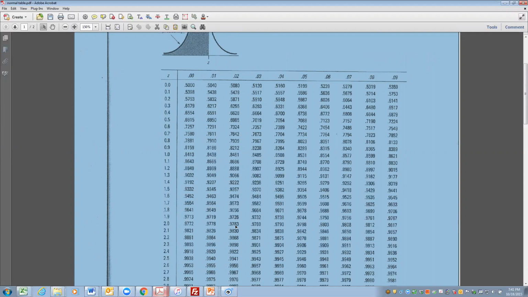So this is 1 minus 0.9783, which gives me 0.0217, because I would have a 2.17% chance of observing this sample, and that is less than the 5% I get for alpha, so I know that I will reject the null hypothesis.